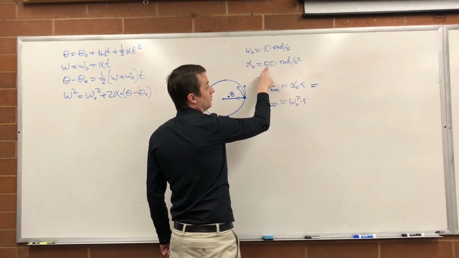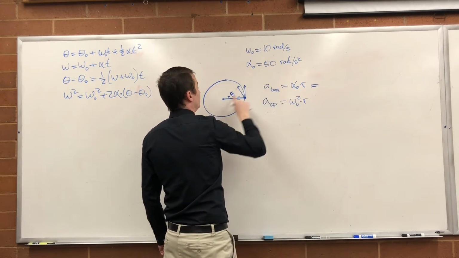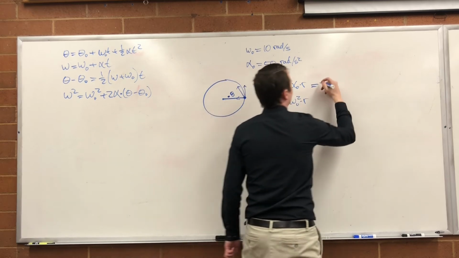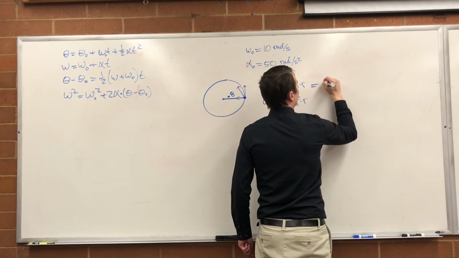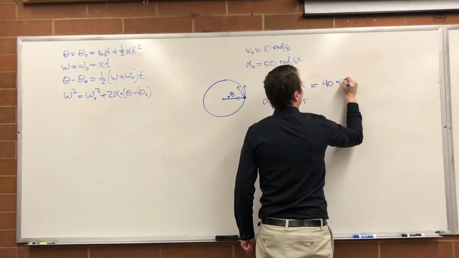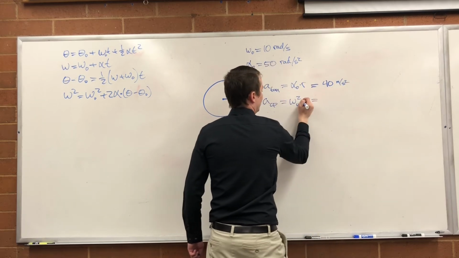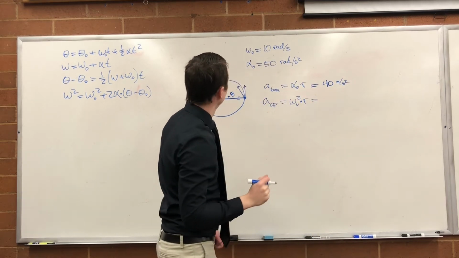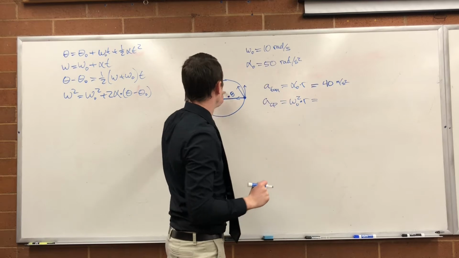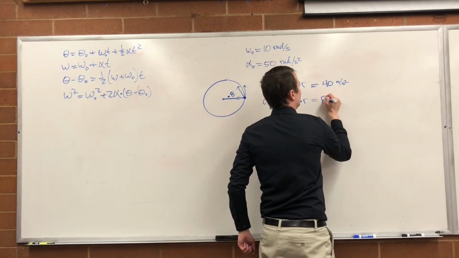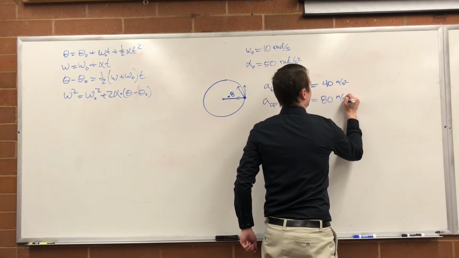Alpha, 50, times 0.8 is going to be 40. So we have 40 meters per second squared. This one we have, let's see, 100 times 0.8, 80 meters per second squared.